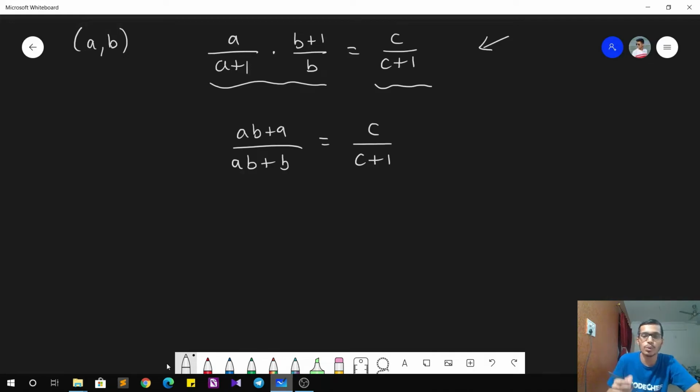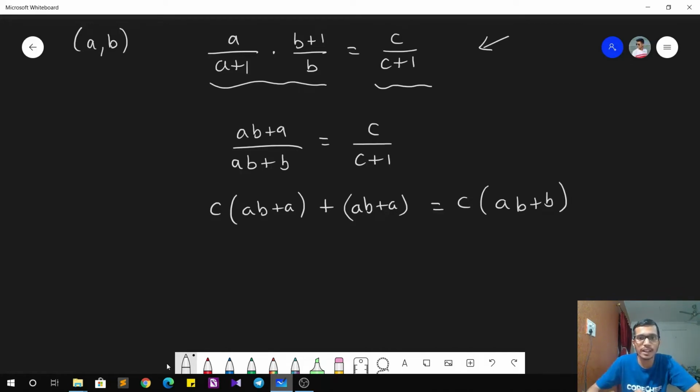Then if we do cross multiplication, we have c into ab plus a plus ab plus a is equal to c into ab plus b. And now we can take c on one side and simplify this as c is equal to ab plus a upon b minus a. So this right here is the equation of c in terms of a and b.